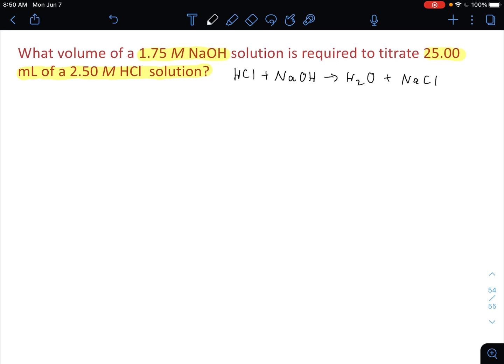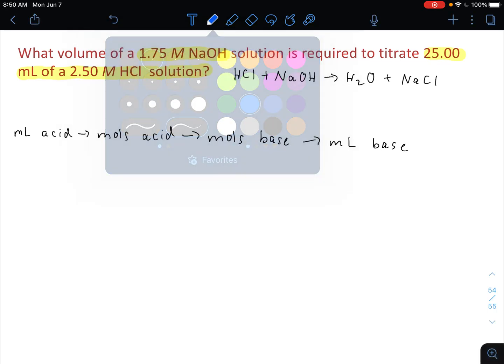And so I want to go from milliliters of acid to moles acid to moles base to milliliters base. Okay, let's see if we can fit that here.